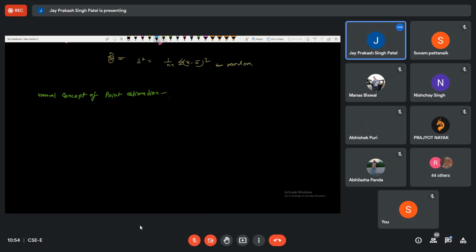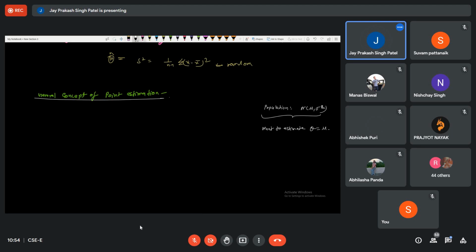For example, suppose the population is normal with mean mu and variance, let's say sigma square, which is a finite quantity. So here, suppose I want to estimate theta equals mu.